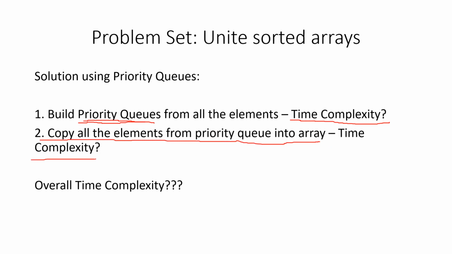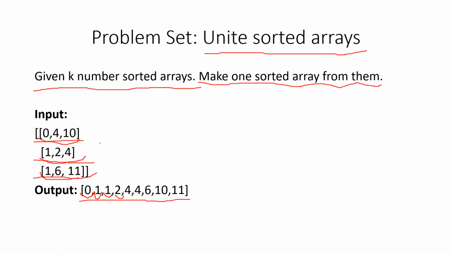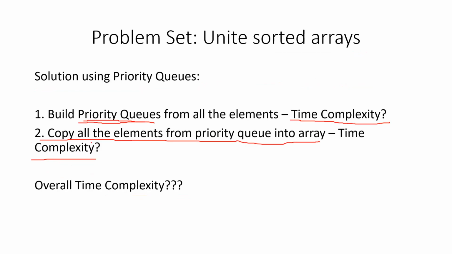If you remember, putting elements into the priority queue or binary heap takes log n time complexity. Let's say that we have n elements in total, like here. Each insertion takes log n, and in total, the building takes n log n time complexity.